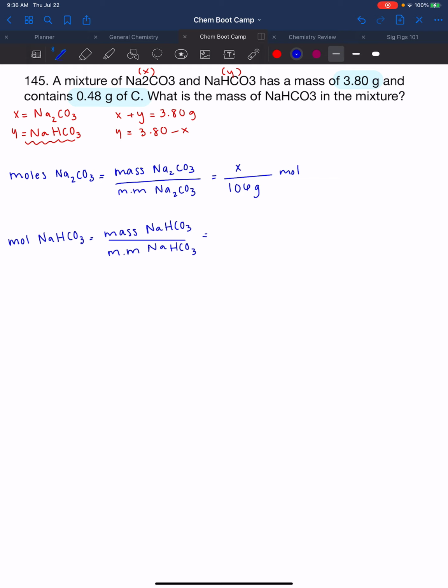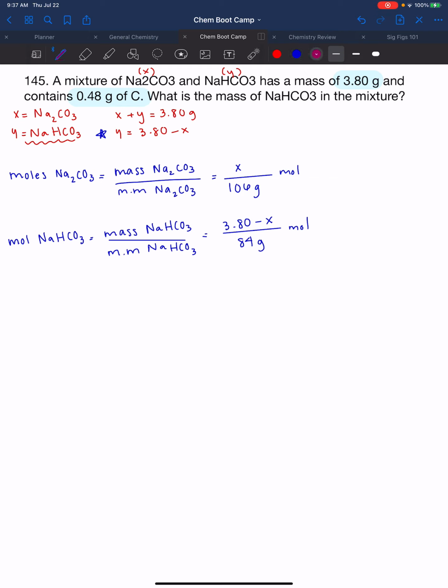And just for simple sake, we can't really put Y. We're going to want to substitute in something with an X variable just so that we're able to solve for X later. So we're going to use 3.80 minus X over, and the total AMU is 84 grams per mole.